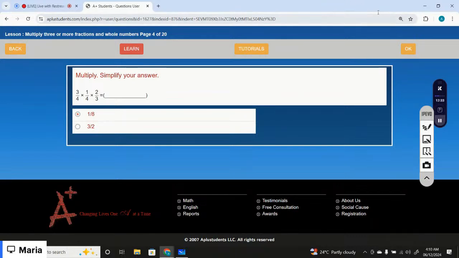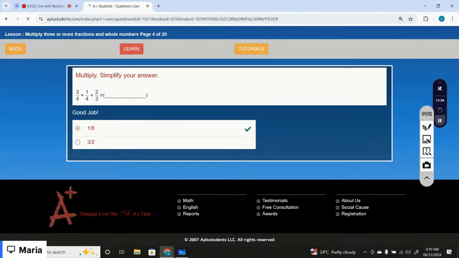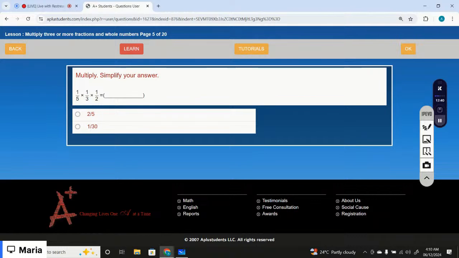Option number 1 is the correct option. The next one is 1 by 3 times 1 by 5 times 1 by 2. So which is the correct option?